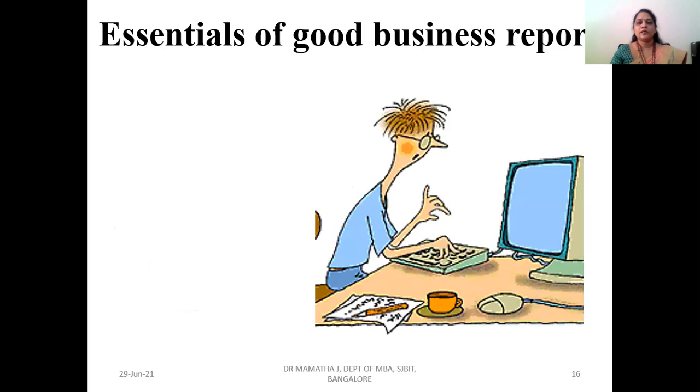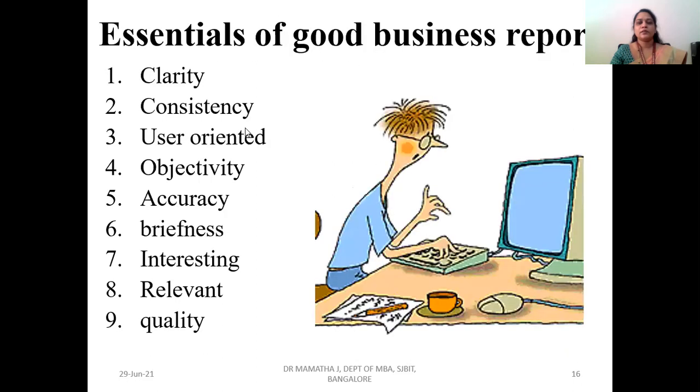How do you say a report is a good research report? So what are the components of a good research report? One thing is that a business report should contain clarity. It should contain consistency, user-orientation, objectivity, accuracy, briefness, interest, relevance, and quality.